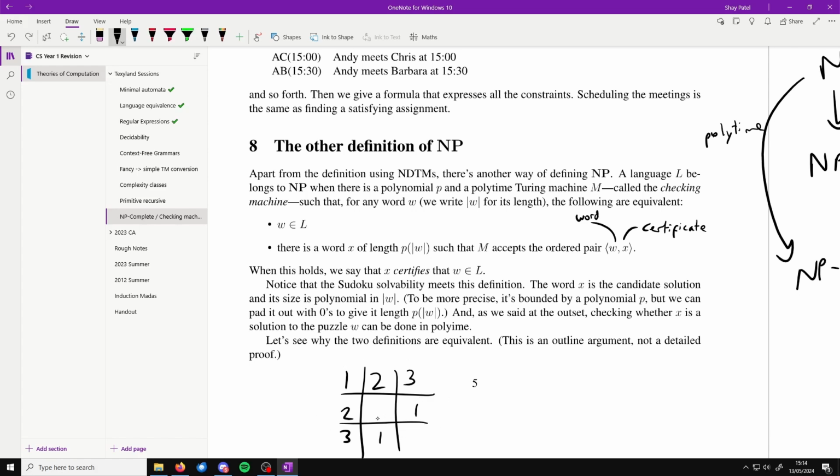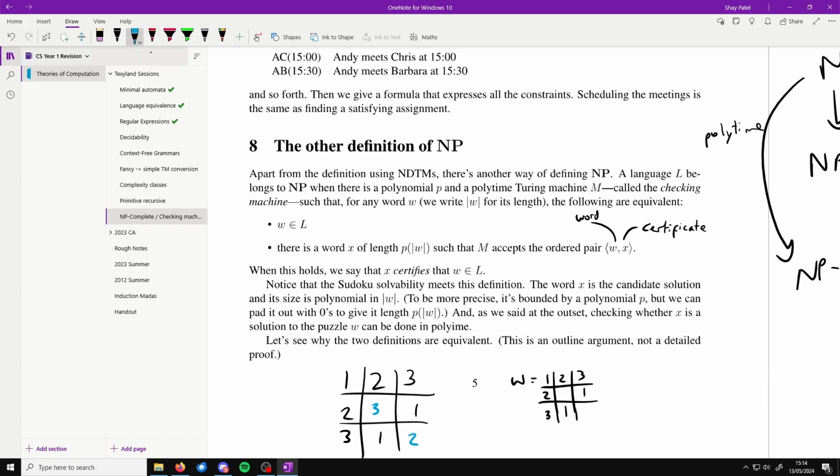It is, because we can put a 3 here, we can put a 2 here. So what our word would be is 1 2 3 2 1 3 1, like this, with the gaps.